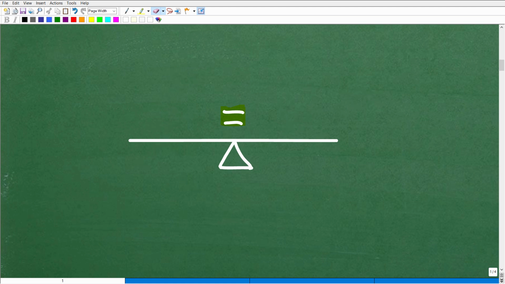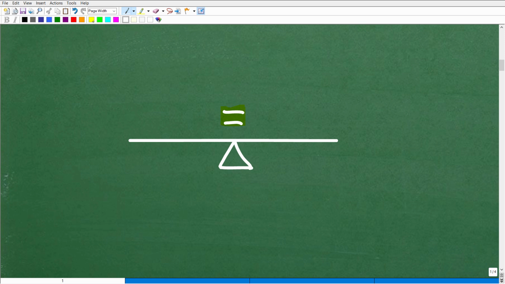So if we have two people sitting an equal distance from what we call the fulcrum in science or physics, you can think of this as a teeter-totter or balance scale. The main idea when you're solving equations is to keep the scale balanced.